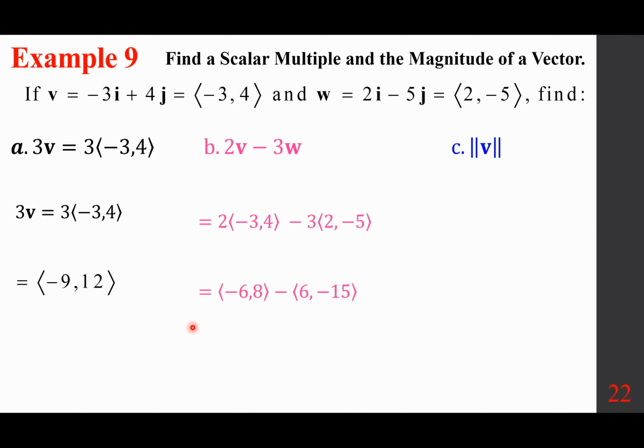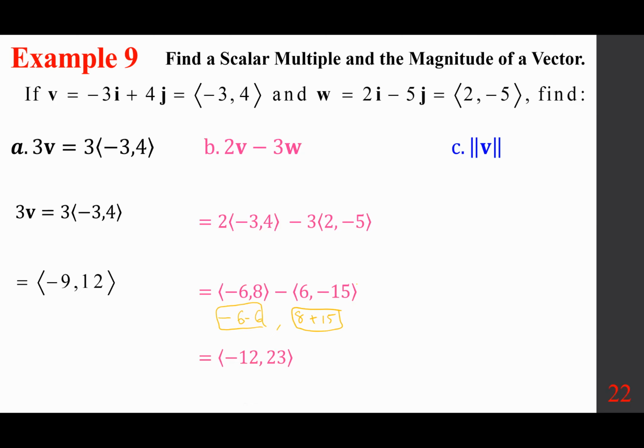These 2, they give us minus 6, minus 6. This is for the first component. 8 plus 15, the second one. And so we get minus 12, the vector with the I component minus 12, the J component 23.